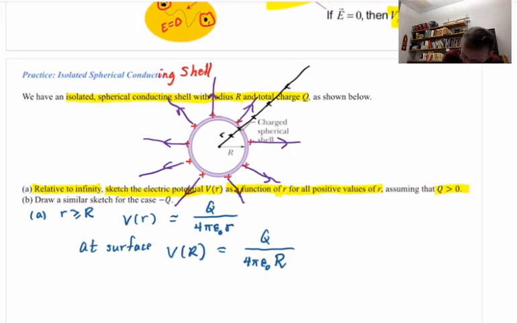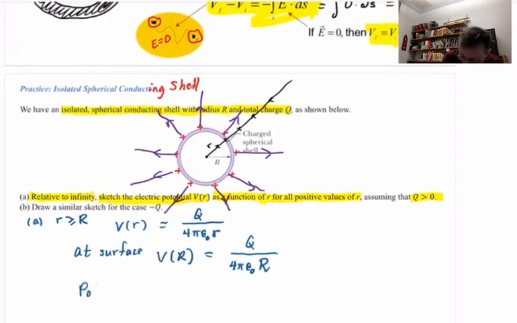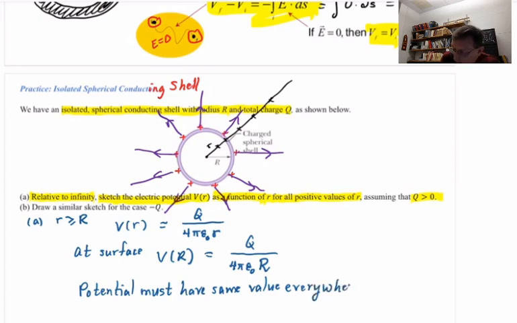And so the potential must have the same value everywhere for little r less than or equal to big R. Because from there on in, you're starting on the surface of the conductor and you're going in, and it must all be at equal potential.